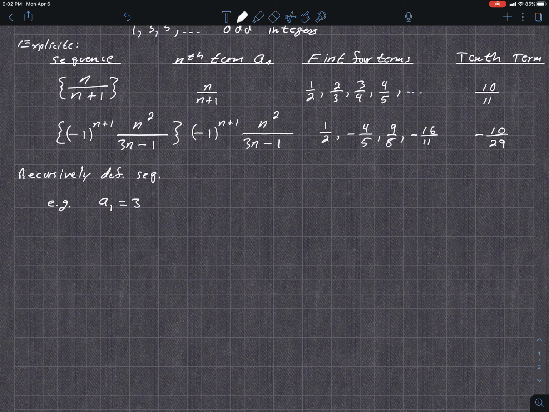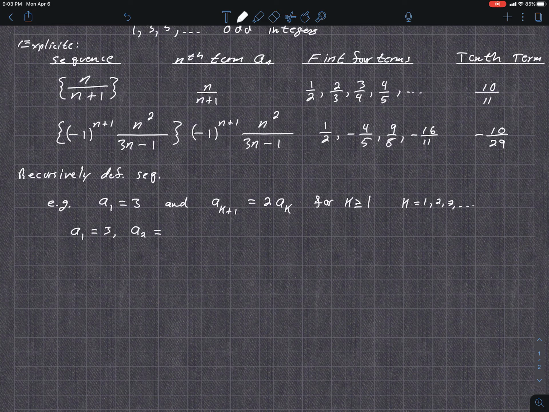So for example, if I say A1 is equal to 3, so they have to tell you the first term, then the next term, A sub k plus 1, is equal to 2A sub k. So it's twice the previous. And then we can say for k greater than or equal to 1, and it's implied that k then is 1, 2, 3, etc. So you're putting in just integers into the sequence.